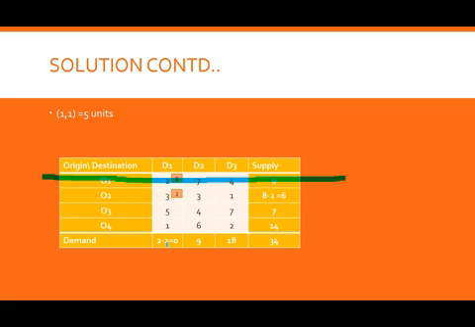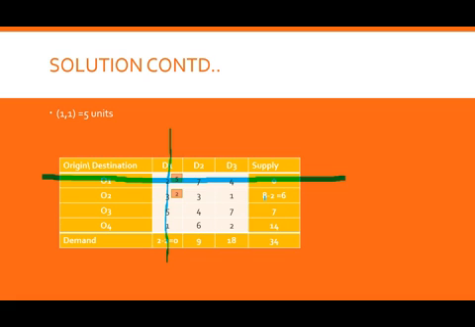Demand was 2, which is minimum out of the 2. So 2 is minimum. So I am supposed to make an allocation of 2. Okay. So this became 0. Because the column became 0, this column need not be touched again. So 2 minus 2 became 0.